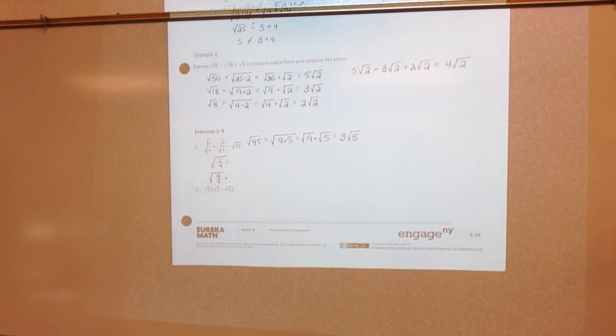Let's look at 1/4. How do I know if 1/4 is a perfect square? Well, you can do it a couple of different ways.